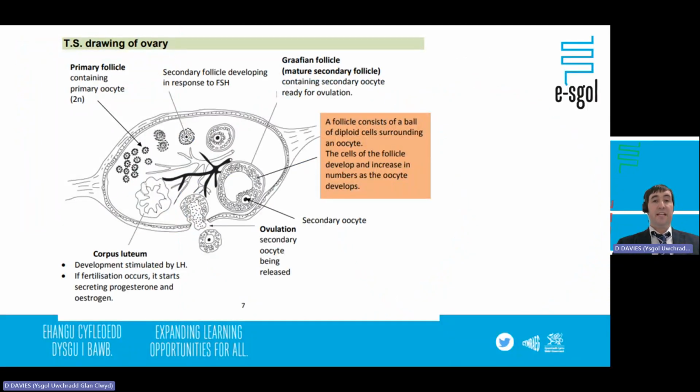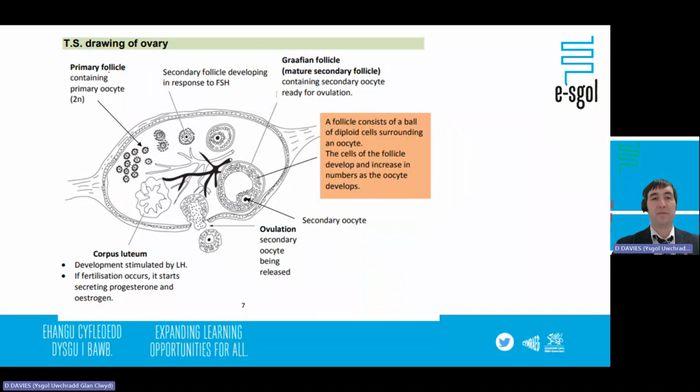Right. Next bit, the TS drawing of an ovary. There's an awful lot going on here. The oocytes I've just spoken about have a layer of cells around them, and that produces a follicle.